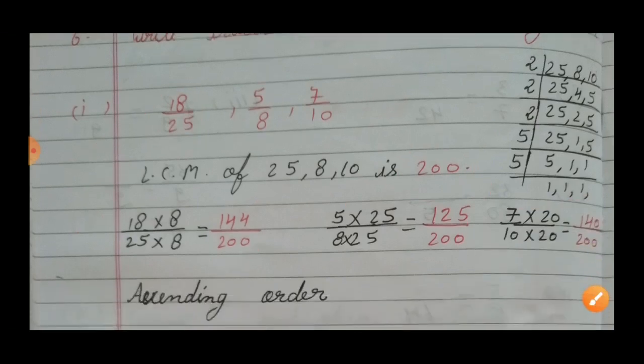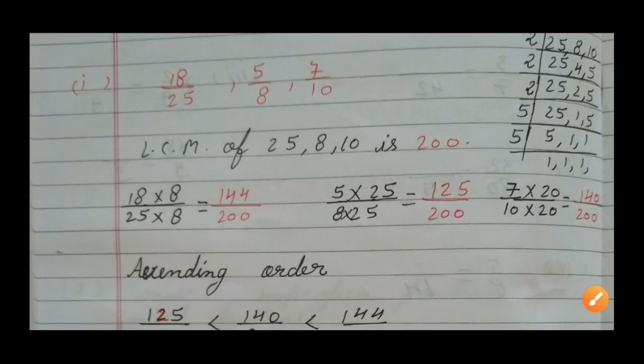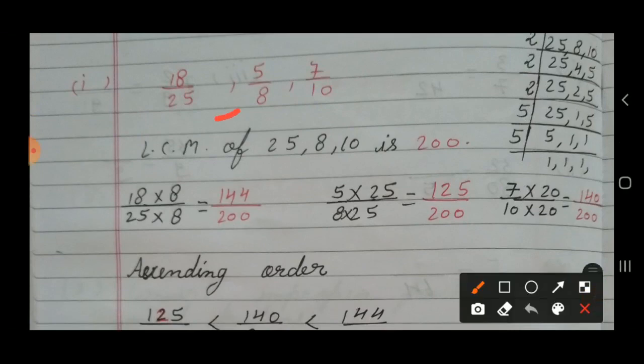Come to the second fraction 5 upon 8. For this you will multiply the numerator and denominator both by 25. Then you are getting 125 upon 200. With the third fraction 7 upon 10, you will multiply by 20. Then you are getting 140 upon 200.